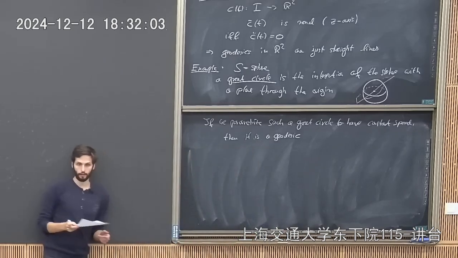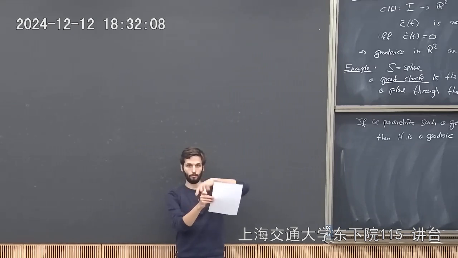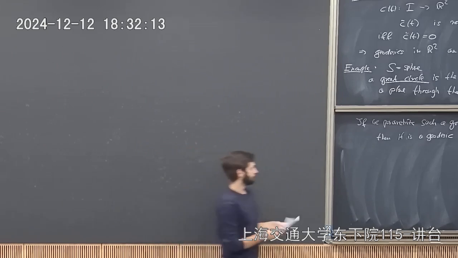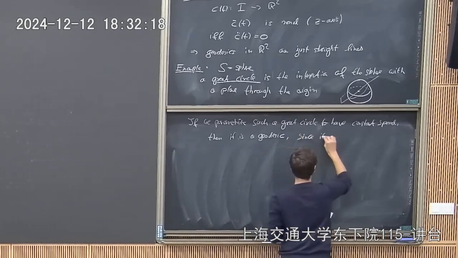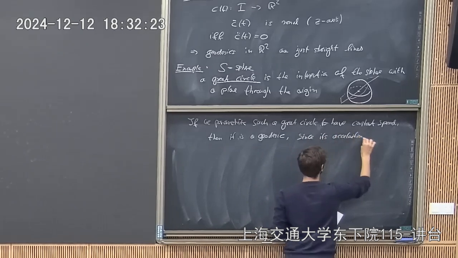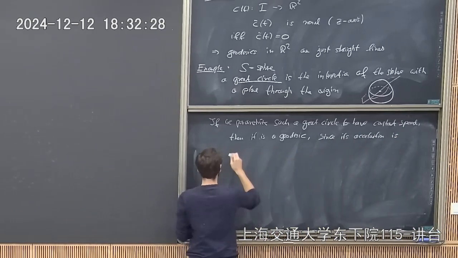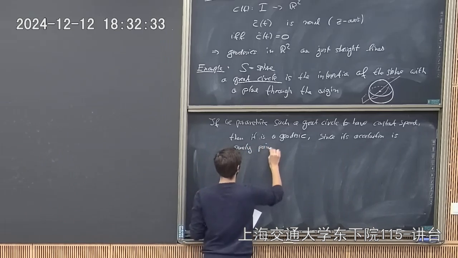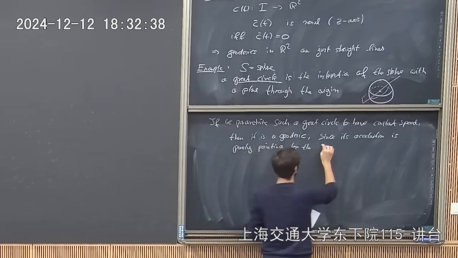And the reason is that if you look at such a curve, the acceleration will always point directly to the origin, fully pointing to the center of the sphere.